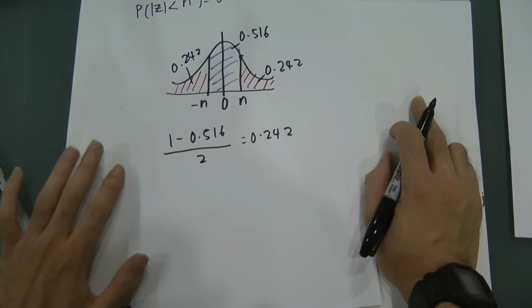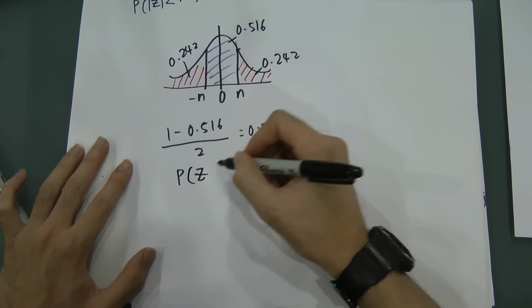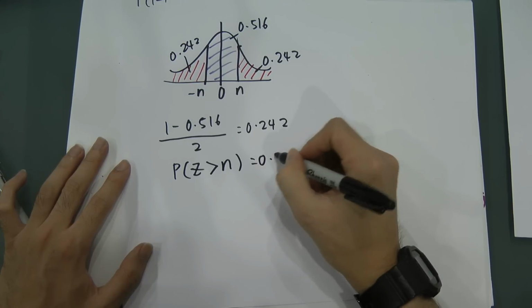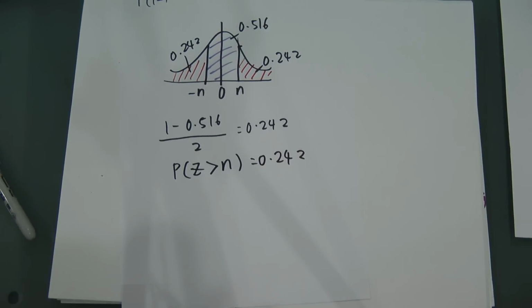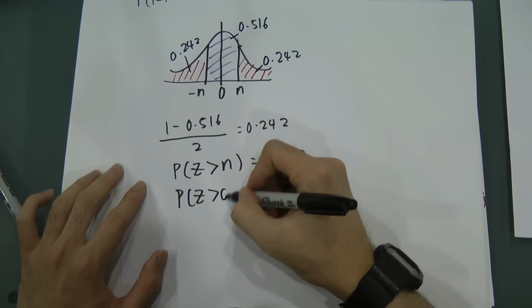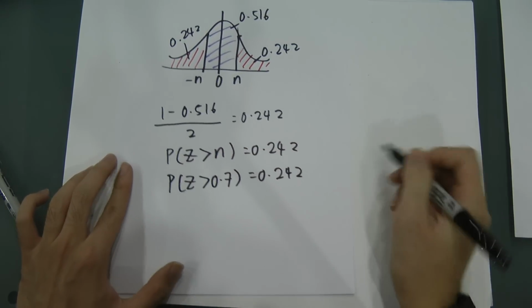That means if I want to find n, I just find the probability for z bigger than n, I will get 0.242, and then from the table I find inside the content 0.242 is 0.7. It means actually for probability z bigger than 0.7, I will get 0.242.